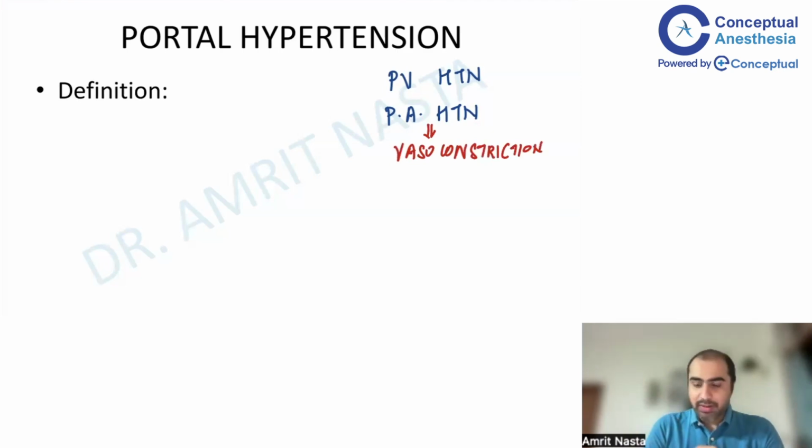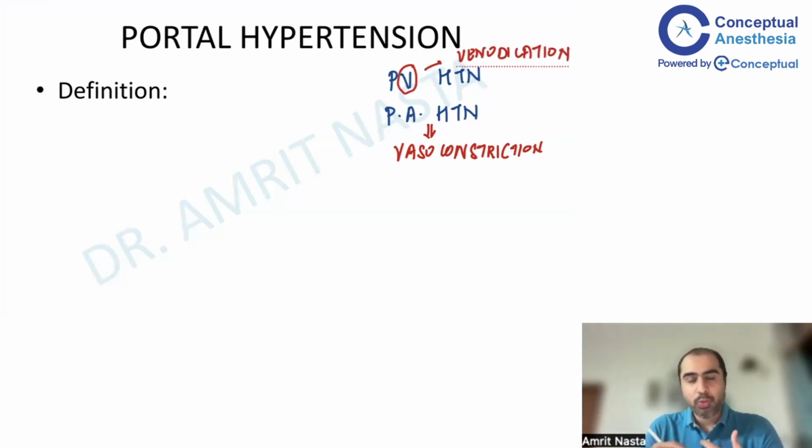But on the other hand, whenever I say venous hypertension, now veins don't have too much resistance. So when there is too much blood or too much pressure in the vein, there is going to be a venodilation. So whenever we talk about portal venous hypertension, the logic you should think is dilation of the portal vein. That is the main message.